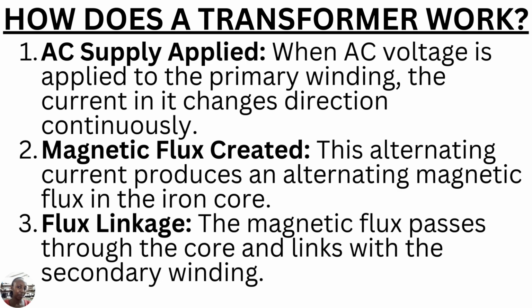The magnetic flux then travels through the core and links with the secondary winding. It is this flux linkage that allows energy to be transferred from the primary circuit to the secondary circuit without any direct electrical connection.